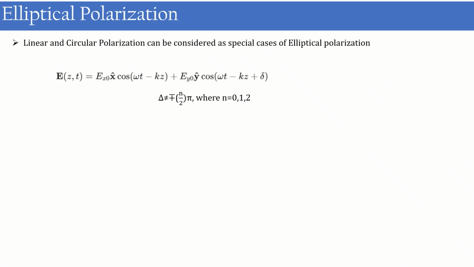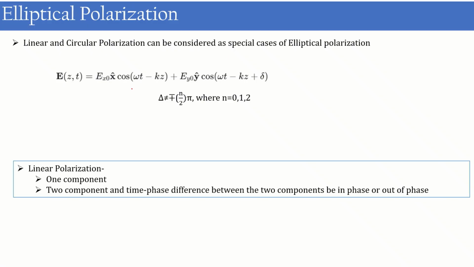Both linear and circular polarization can be considered as special cases of elliptical polarization. So we can consider elliptical polarization as the reference case. If this is the linear electric field, we will get linear polarization from this equation if we have either one component, or two components with the phase difference between them as 0 or 180 degrees.